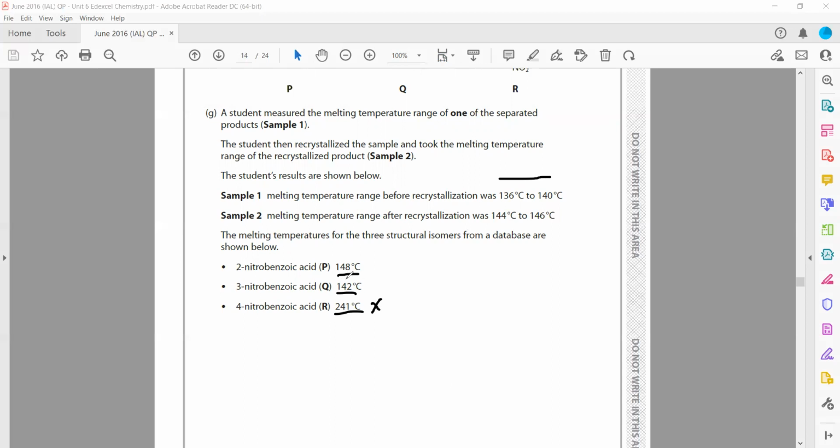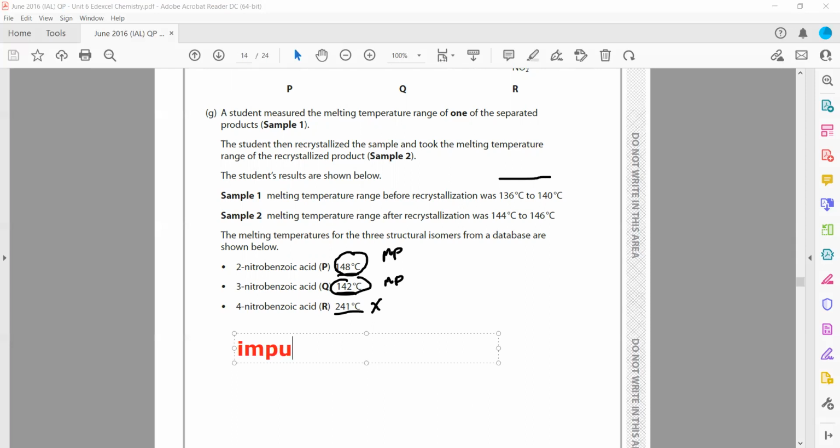When you check the melting point, for pure P it is 148, and the melting point for Q is 142. Whenever impurities are there, impurities lower the melting point. What is the effect of impurity on the melting and boiling point?